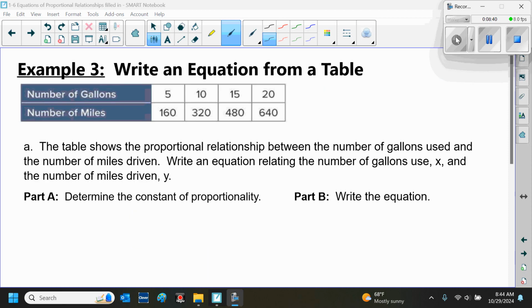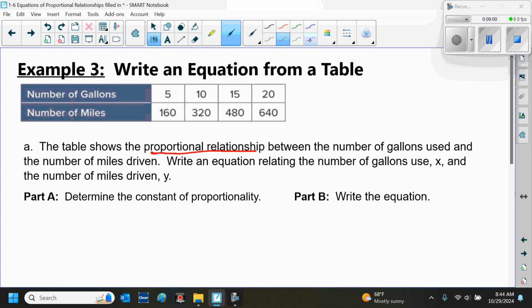All right, so for example 3, we want to write an equation from a table. It says here, the table shows the proportional relationship between the number of gallons used and the number of miles driven. So we know that this is a proportional relationship, okay?